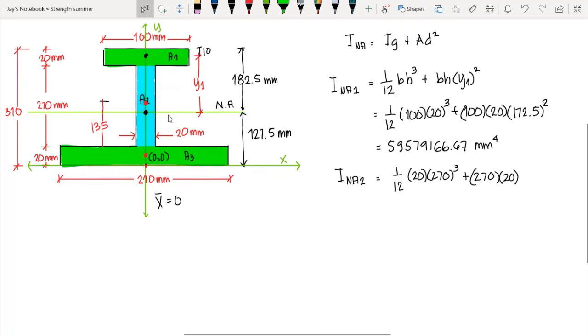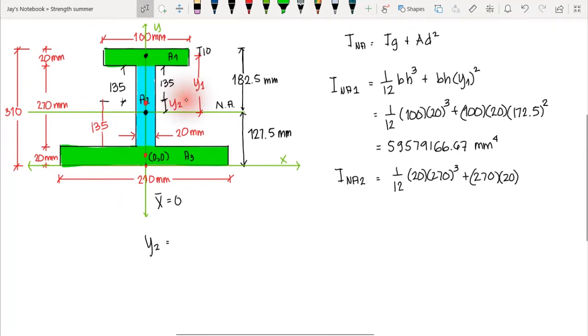So let's assume that we have our distance, this one, let's say that's our y2. Now our y2 here, that is equal to, now we know that our centroid is 1/2 of 270 of this rectangle, that is 135. Correct? So therefore, we can compute y2.